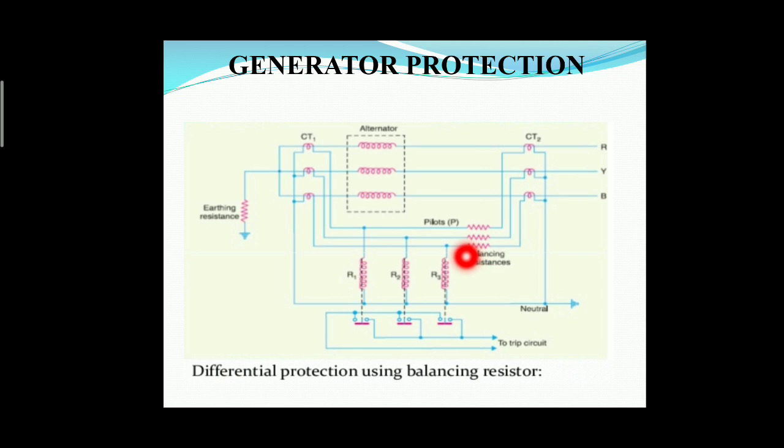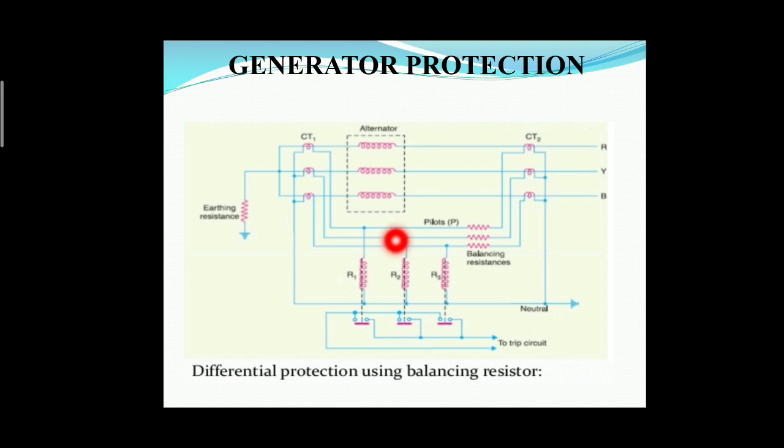This will be applied for the stator winding. This is the stator winding of the alternator. At both ends of the stator winding, we are connecting two CTs, that is CT1 and CT2.